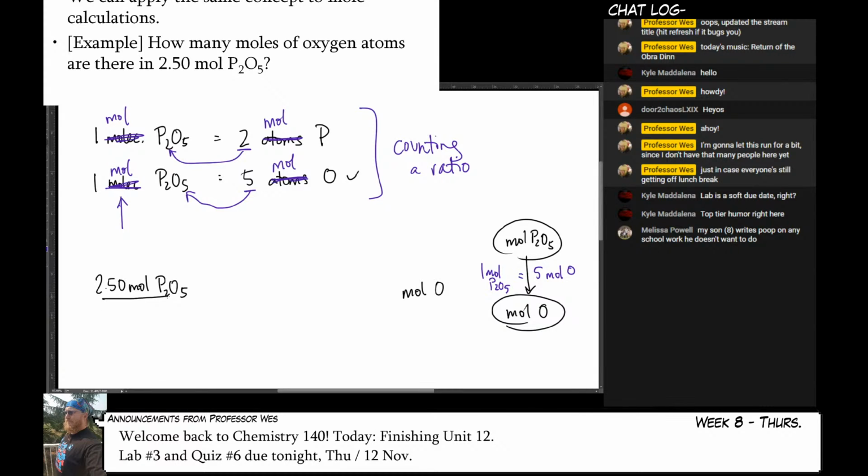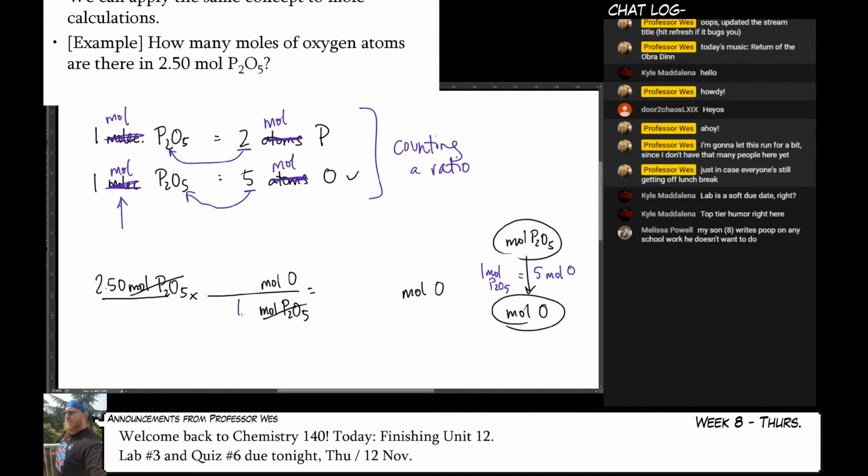So when I do my dimensional analysis here, I could set up my units in this manner. I could say moles P2O5 and moles of oxygen. I can make this relationship so that those units cancel out and leave the units that I want. Now all I gotta do is fill in the numbers.